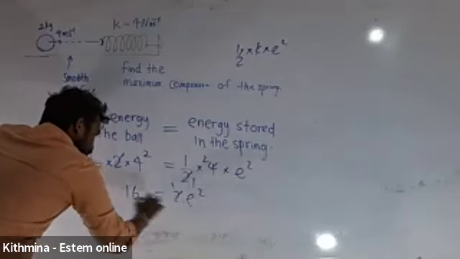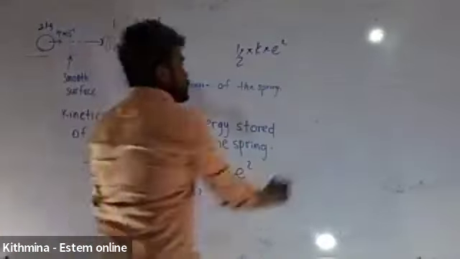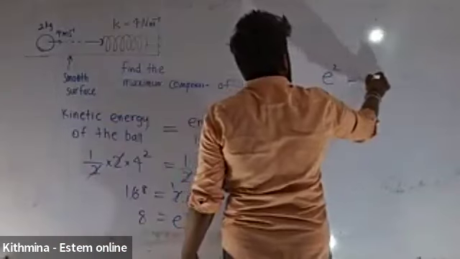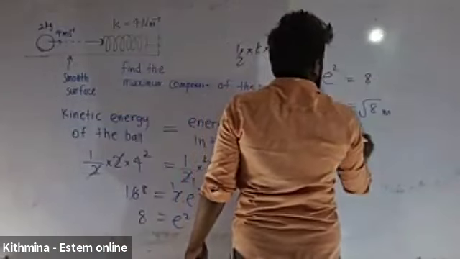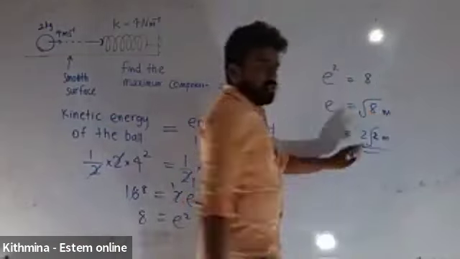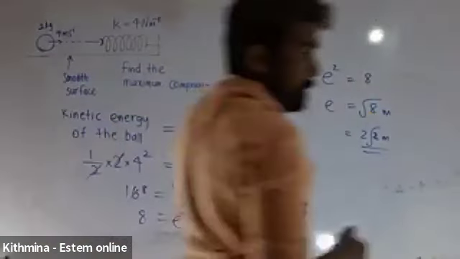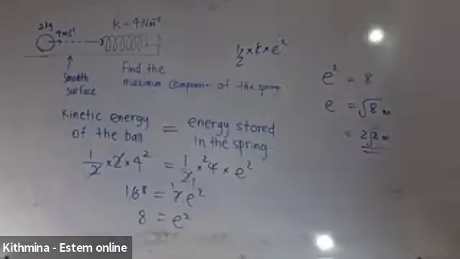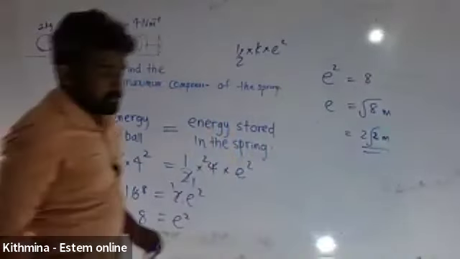Then x is root 8, which is 2 root 2 meters. Please write that down: 2 root 2 meters.